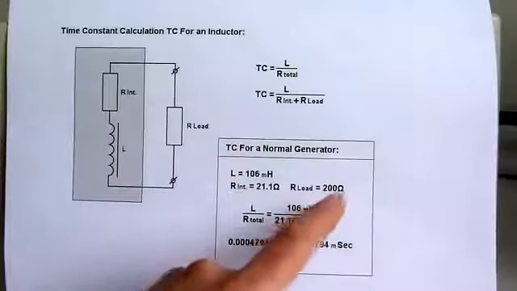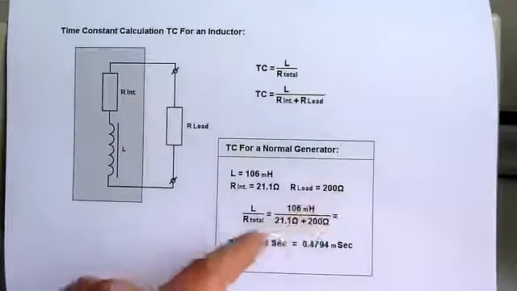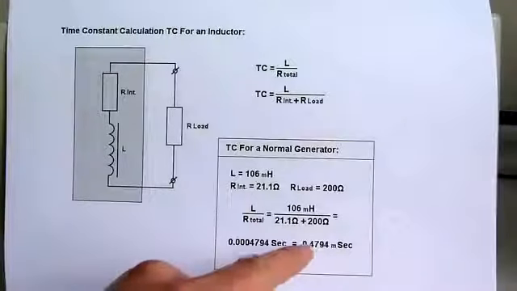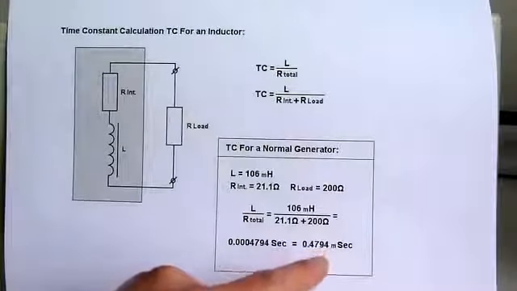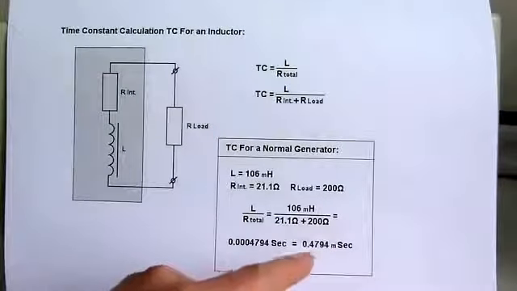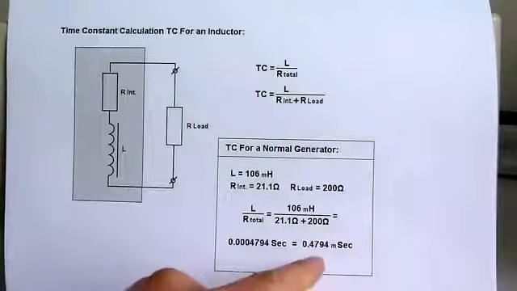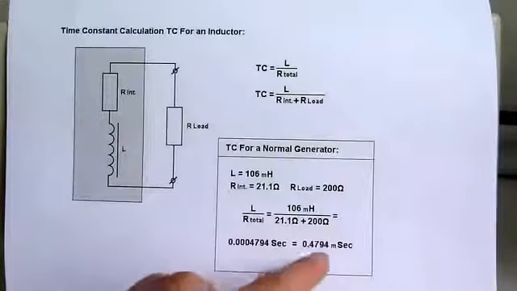If you hook up a 200 ohm load to it, you can fill in the parameters, and it will take 0.4794 milliseconds for the generator coil to create its back EMF to 63.2%. This is really fast, and in normal generators it is pretty easy to introduce rotor drag because this value is low.